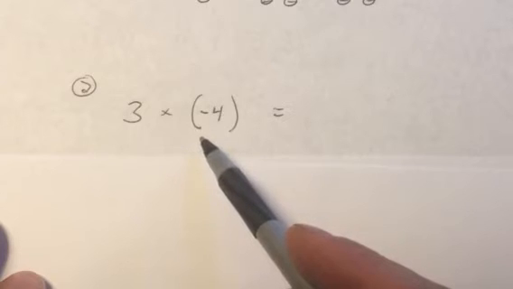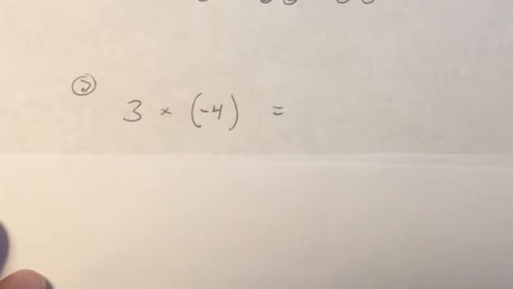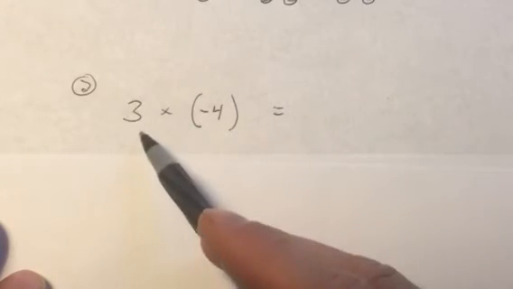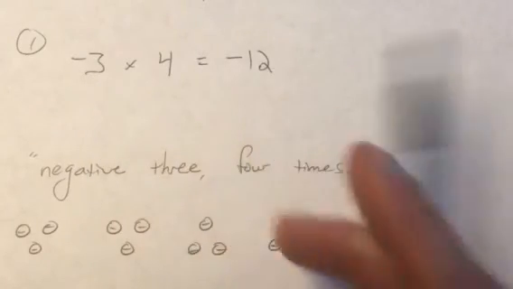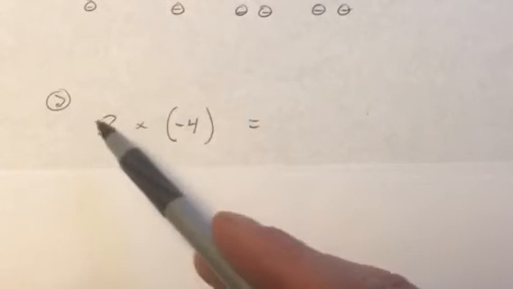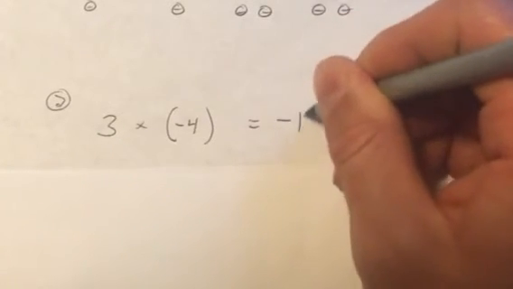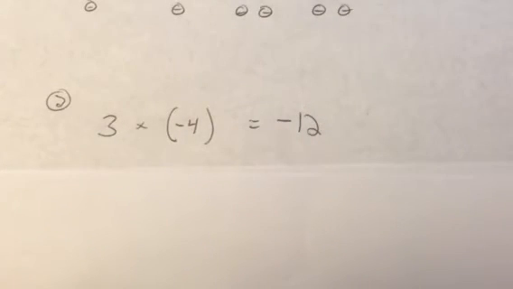I'll let you play around with how you would actually draw a picture of that or visualize that if you want to. But I will tell you that it is the same answer. -3 times 4 is -12. Well, if you switch it around, +3 times -4 is also equal to -12.